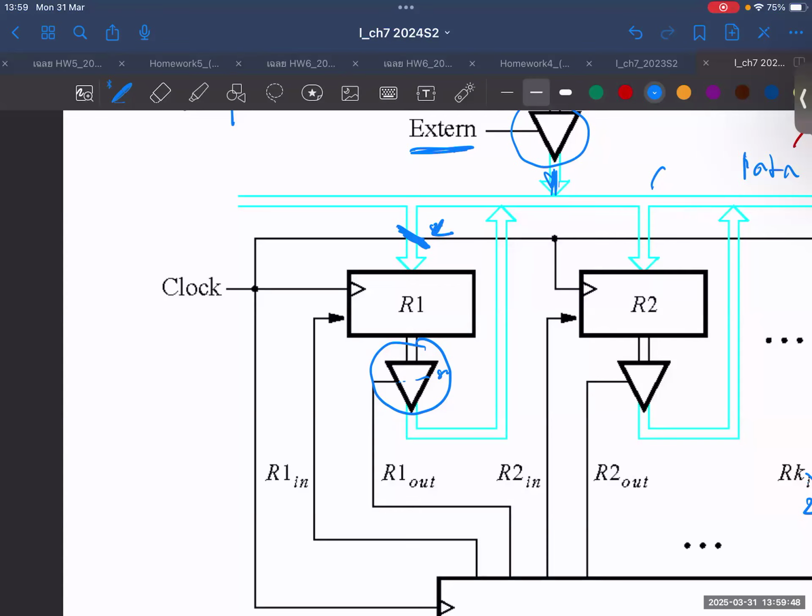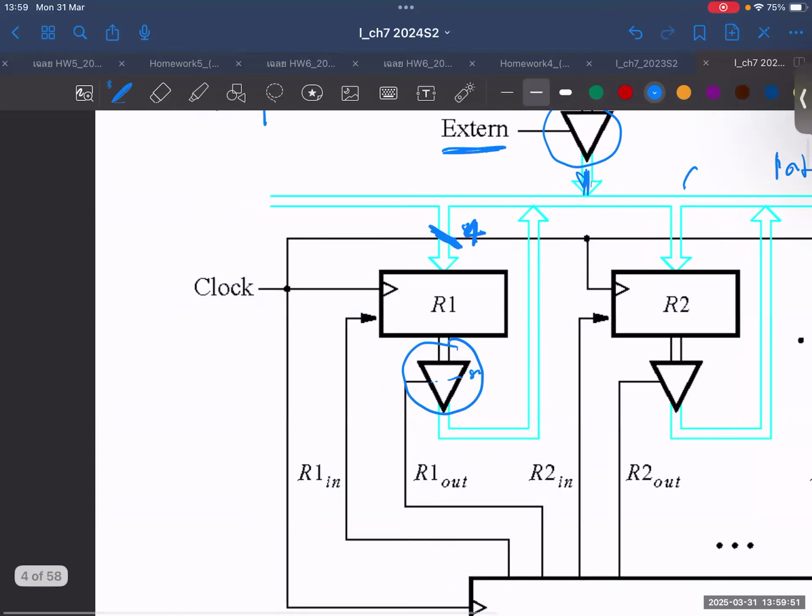Let's say it's 4 for simplicity. So what you see here is something like this: 1, 2, 3, 4, with the common control, and these are connected. Let's draw this.